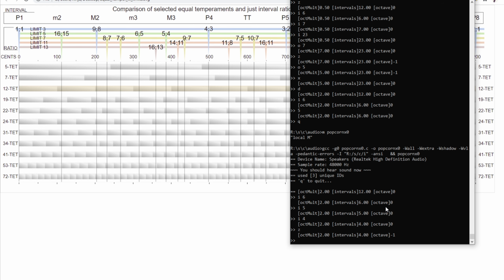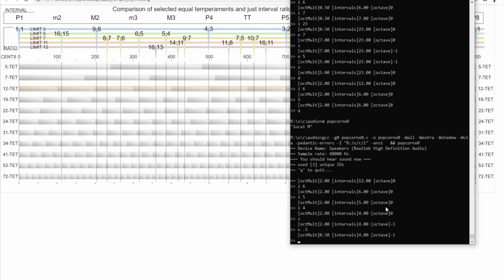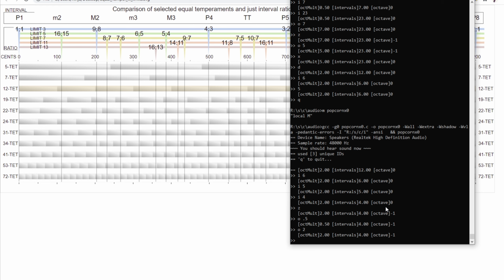We can try to invert that now. And at this point, the original melody is a little bit lost, I have to say. Let's go back to doubling the octave, the frequency for the octave.